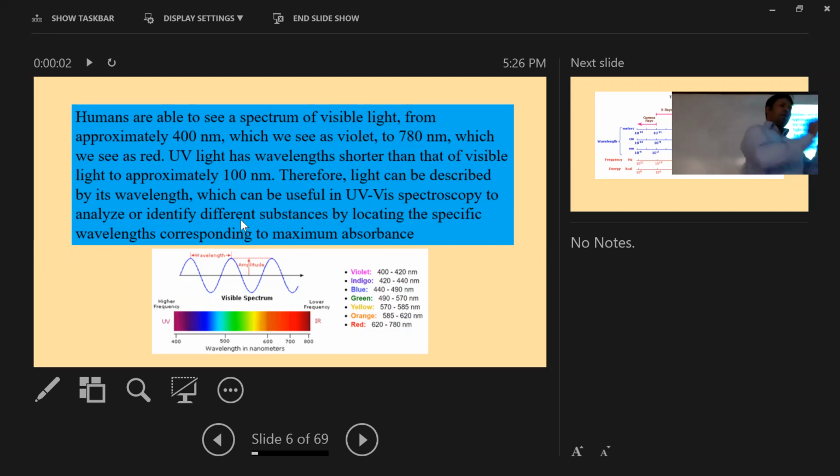If you have some organic molecule, even sometimes from water, H2O, if you want to remove one electron from one water molecule, 12.4 electron volt is quite good enough.